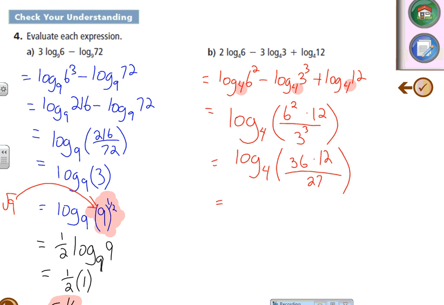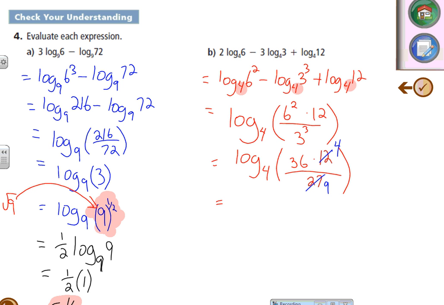You can either use your calculator or you can try to reduce that yourself. It's a really good thing to try to reduce this without punching into your calculator, like going through and saying, okay, I know I can divide 27 and 12 by 3. So that gives me a 9 and that gives me a 4.